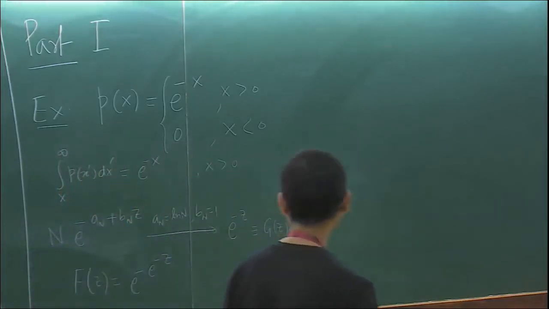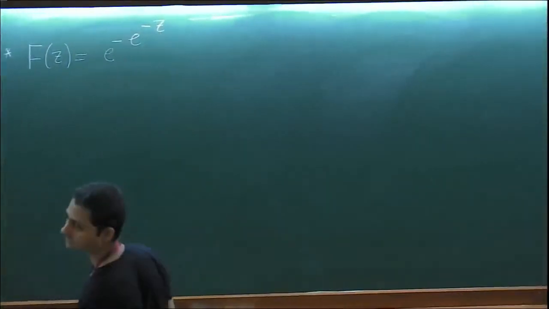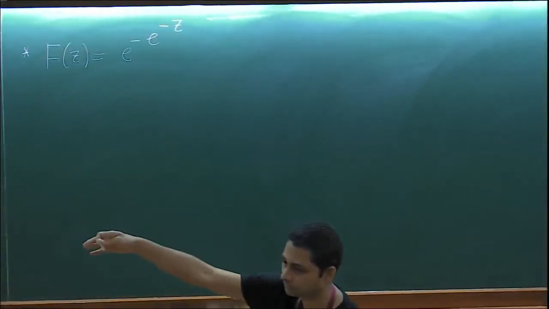Let me write down this function somewhere. So we have found one function where f of z is exponential of minus z. That's just for one example.